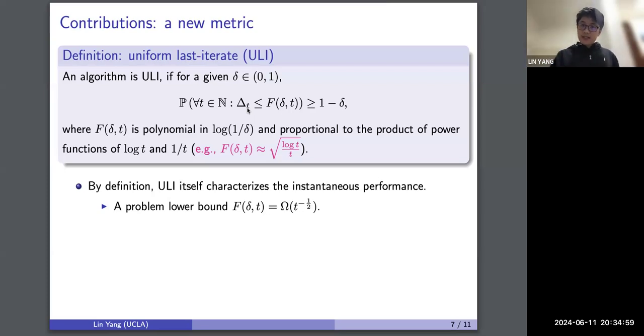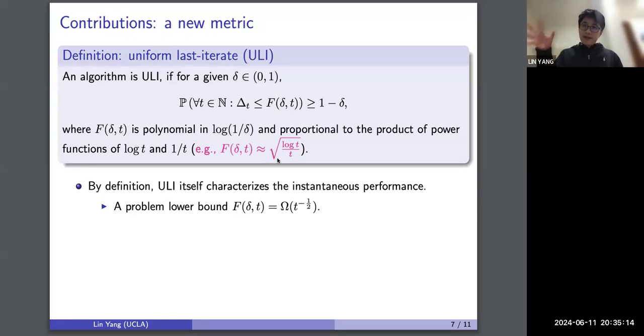For example, we can choose this function f(δ, t) to be proportional to square root of 1 over t. As you can see, when t goes to infinity, this suboptimality goes to 0.